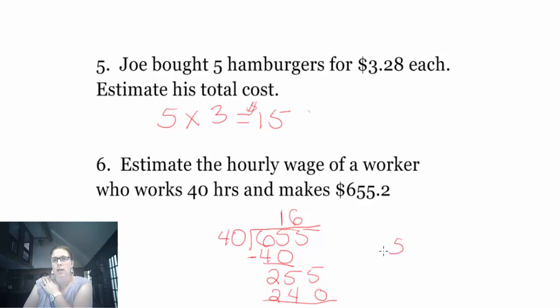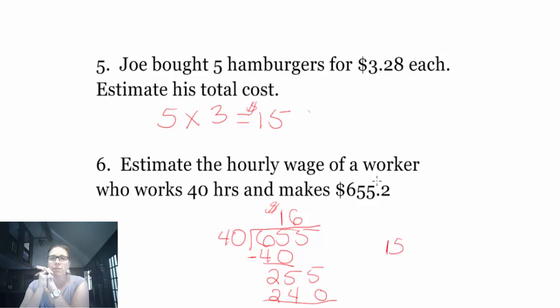So we subtract again and we're left with 15. So it's about $16. Again, it's an estimation. It is okay to not have the exact answer, but we're left with 15 as the remainder, so that's okay. So it's about $16.